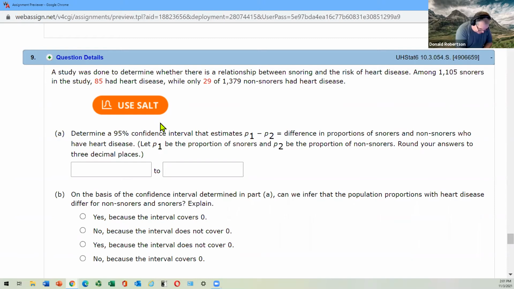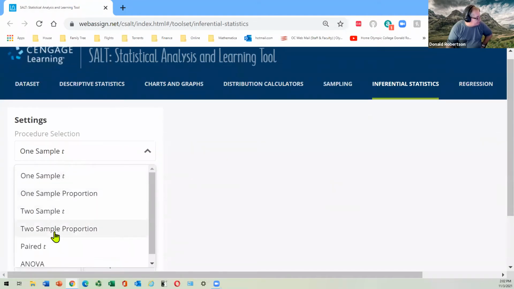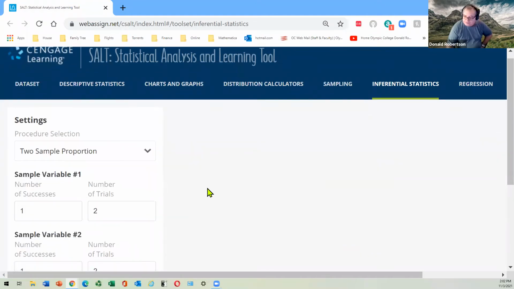So 85 snorers out of 1,105 have heart issues. So that's going to be my P1 group, 85 out of 1,105. And my second group is 29 out of 1,379. Okay. And they want a 95% confidence interval. So inferential statistics, hit the button and choose 2 sample proportion.